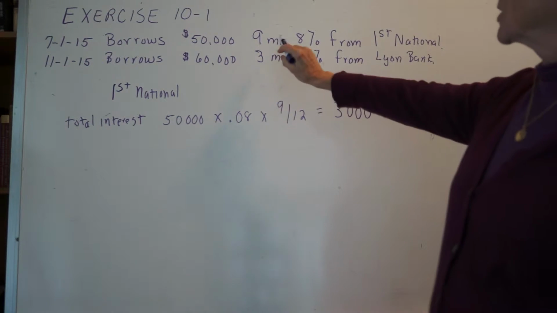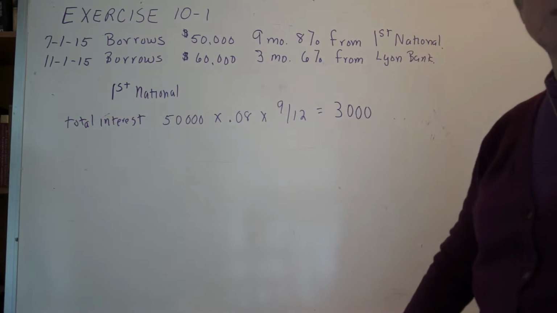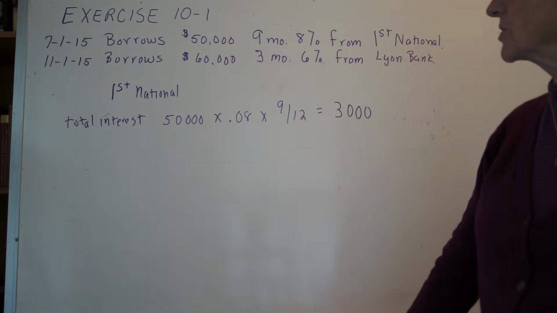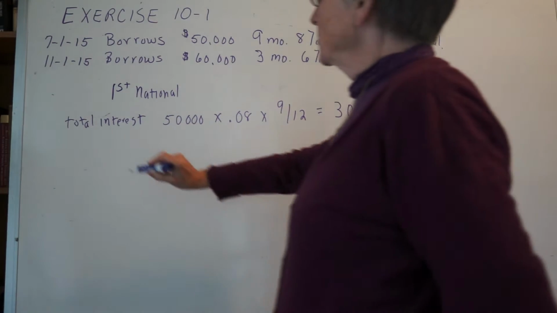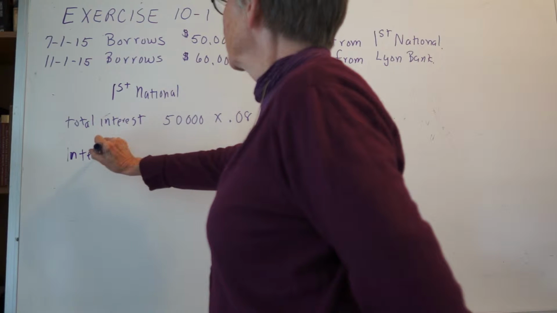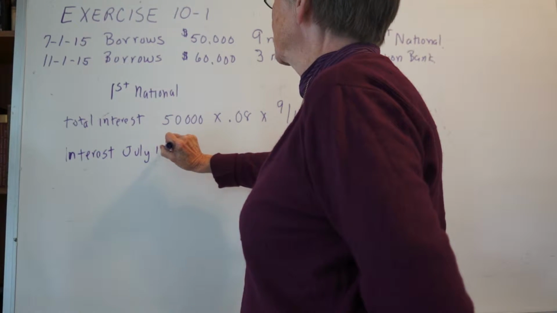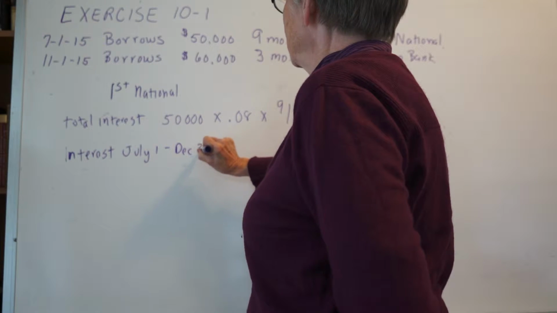But we know it's a 9-month note, it was taken out in July, so at 12/31 we're going to have to accrue some of the interest. So we want to figure out how much interest from the first year, from July 1st to December 31st.